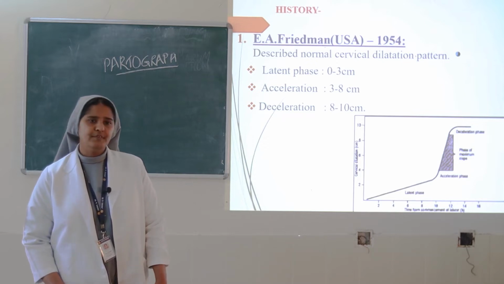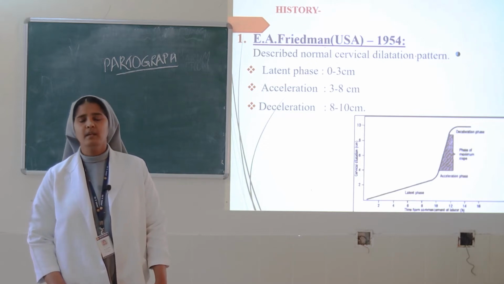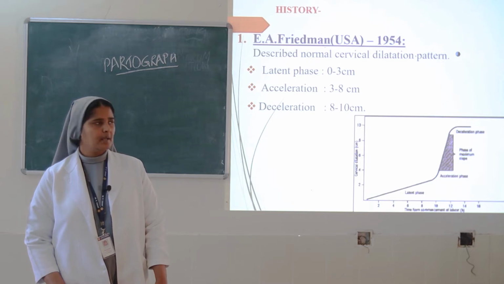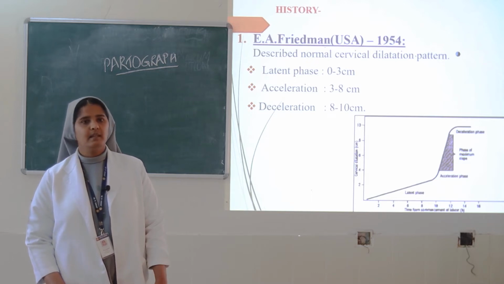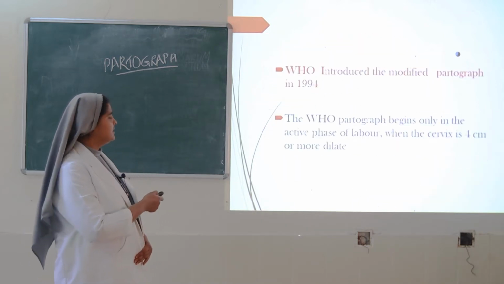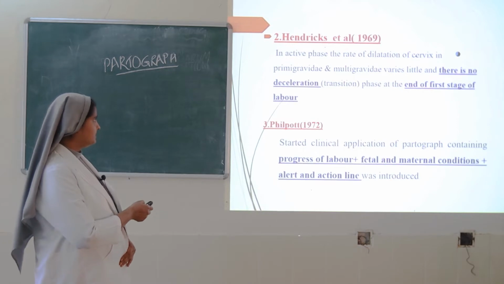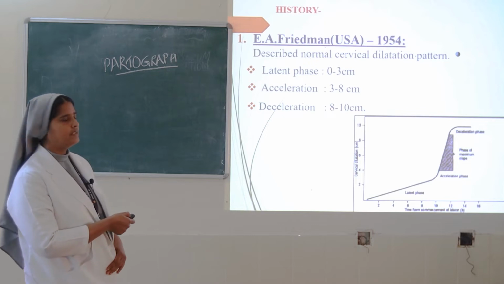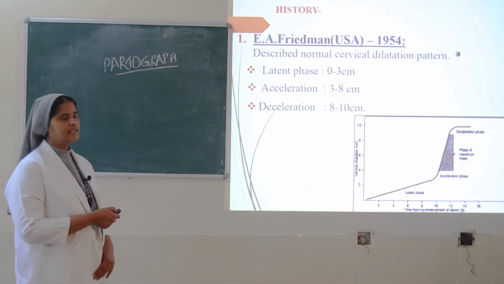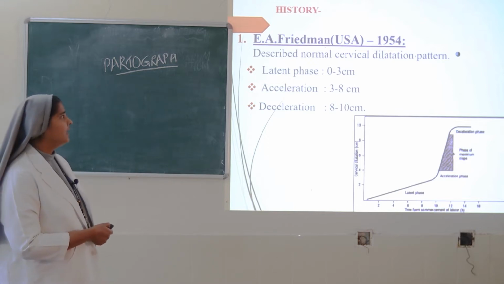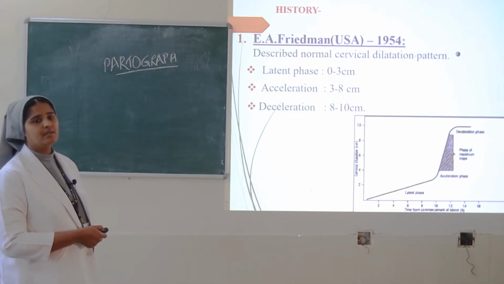In 1954, E.A. Friedman was the one who first described the partograph in clinical practice. He described there are 3 stages in the cervical dilatation pattern. The latent phase is 0 to 3 centimeter, the acceleration phase is 3 to 8 centimeter, and the deceleration phase is 8 to 10 centimeter.